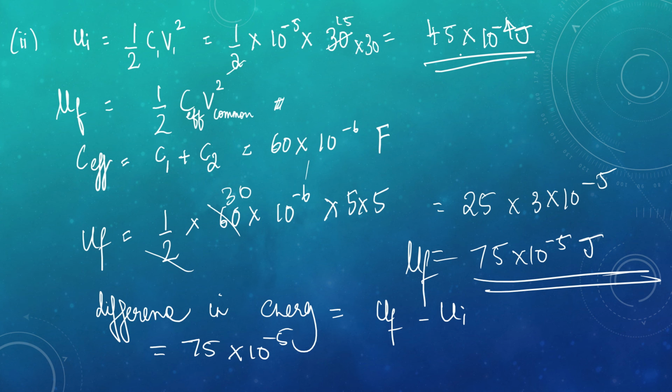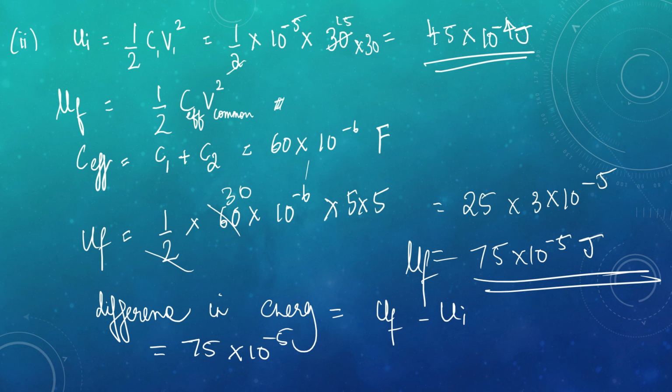For making the calculation simple, instead of writing this as 10 raised to minus 4, I'm going to write it in terms of 10 raised to minus 5. So here it was half into 10 raised to minus 5 into 30 into 30, right?